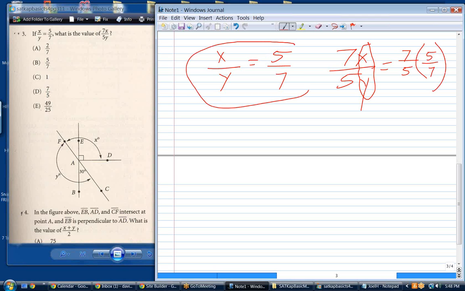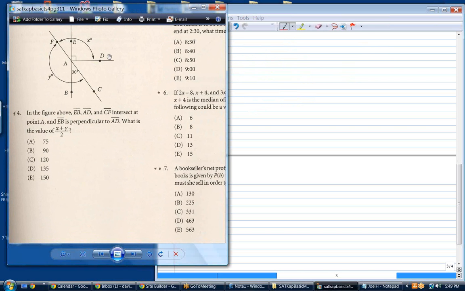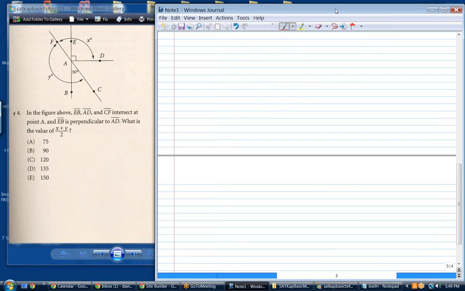Because they told us that x over y is 5 over 7. And then when I do that multiplication, I get 1.